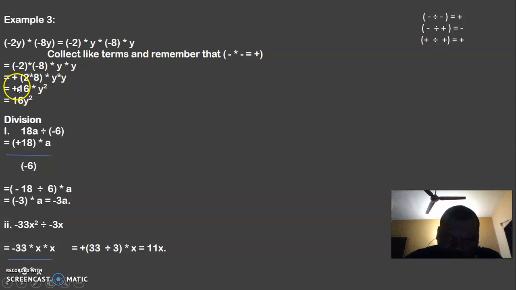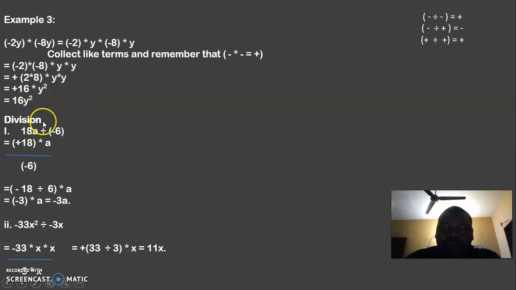Let's move over to the answer. 2 times 8 is 16, so plus 16 times y squared. We have y squared because y times y is y squared, x times x is x squared, b times b is b squared. So plus 16 times y squared gives us 16y squared.